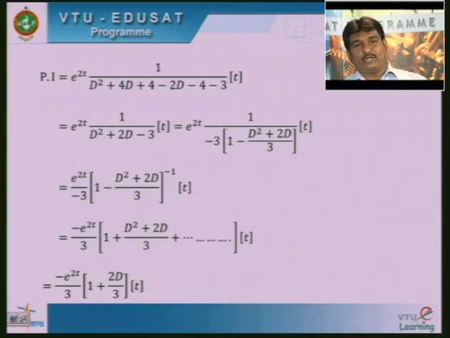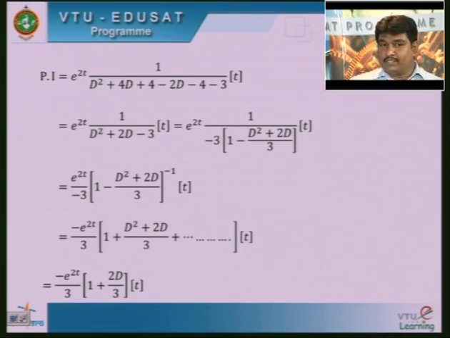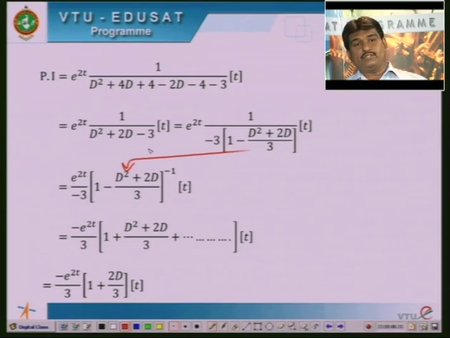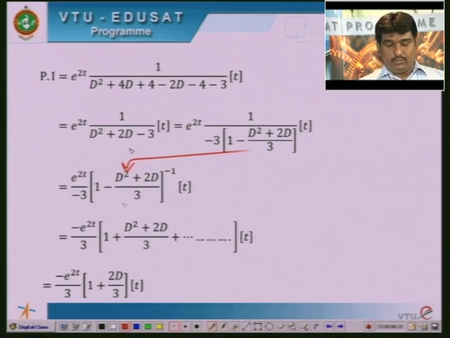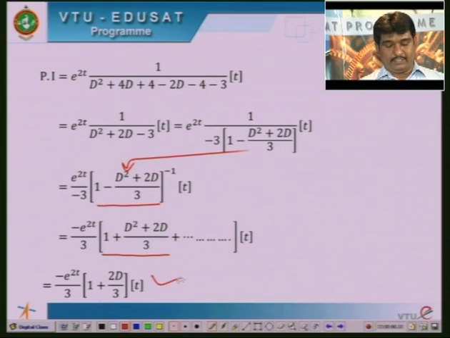Here we have used a binomial expansion. 1 divided by minus 3, I have taken minus 3 outside, so it is 1 minus D square plus 2D by 3 whole to the power of minus 1 operated on t. You expand this, which is 1 plus x plus x square plus x cube and so on. After ignoring the higher terms, we get 1 plus 2D by 3 operated on t.